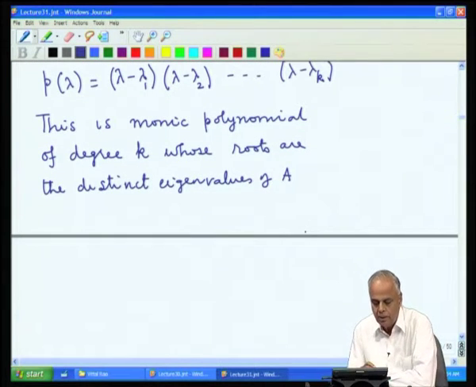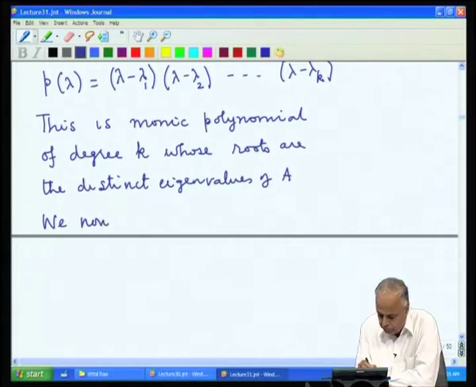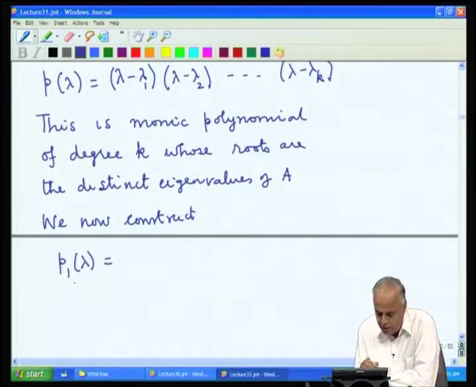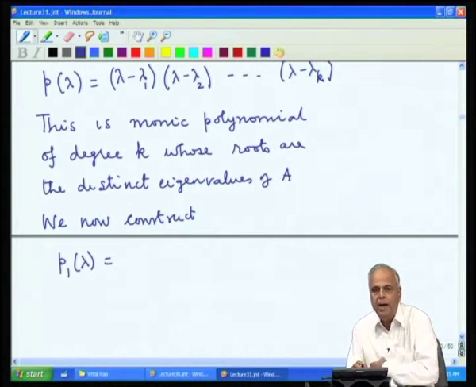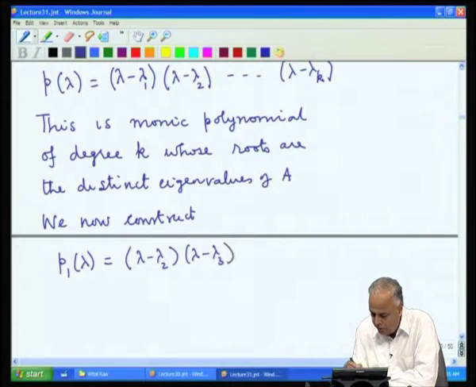Now, what we do is we construct a lower degree polynomial by removing one factor of these k factors at a time. For example, we now construct p 1 lambda. When I say 1, I mean from p lambda remove the first factor. So, what do you get? We do not get lambda minus lambda 1. So, we get lambda minus lambda 2, lambda minus lambda 3, lambda minus lambda k.